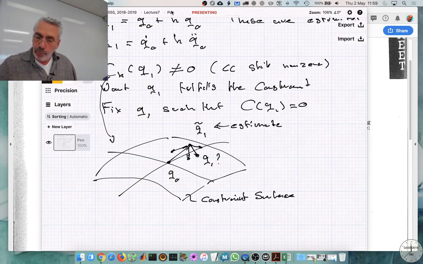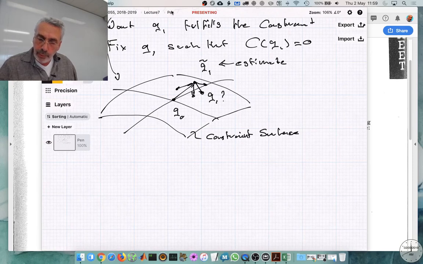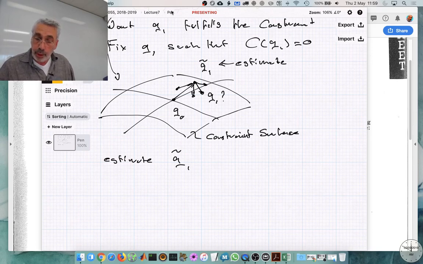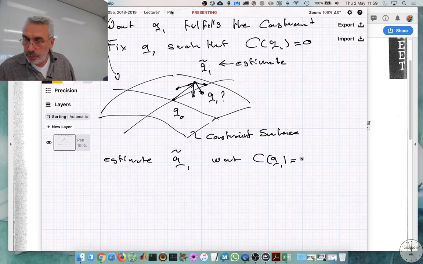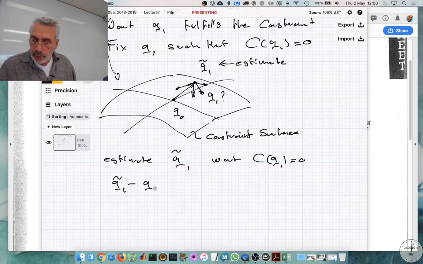So how do we formulate that? Well, we say we have this estimate, this Q1, and we want to have a Q1 which fulfills the constraint. So we want C of Q1 to be 0, right? Then we say, well, if we now take the difference between this Q1 and the real solution, we want the norm of this one to be minimal.